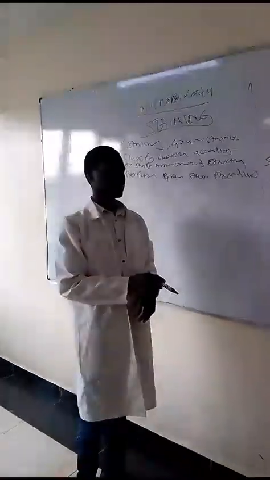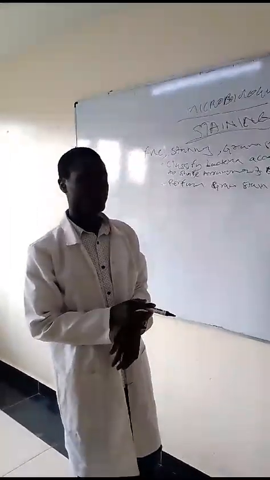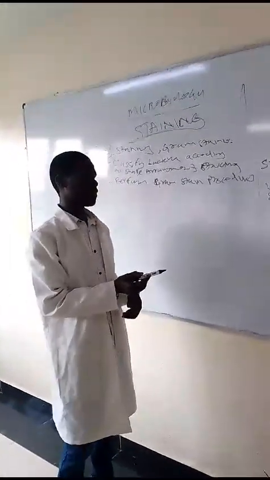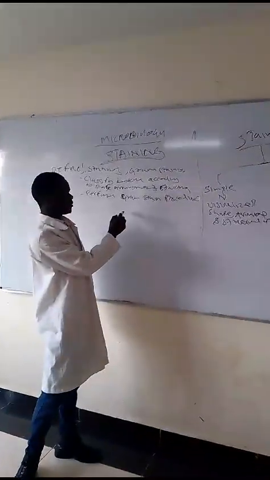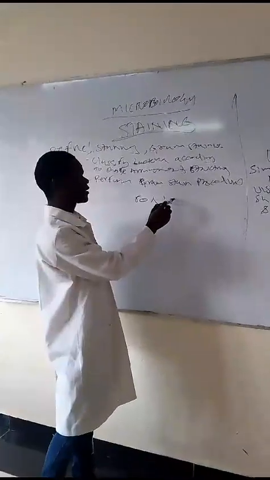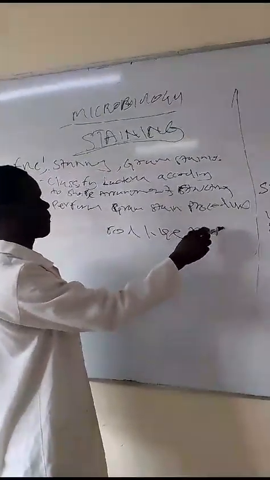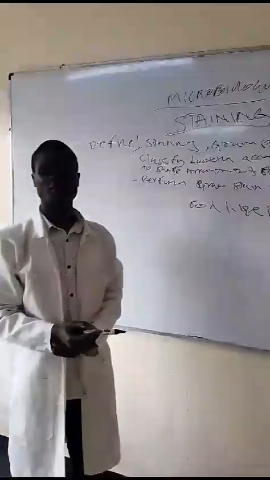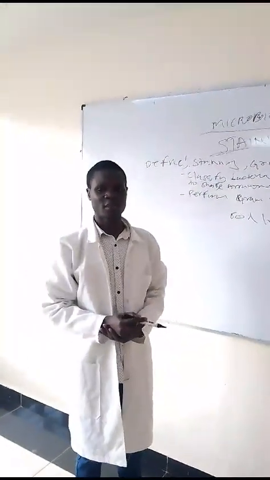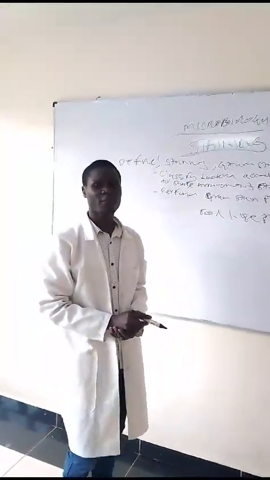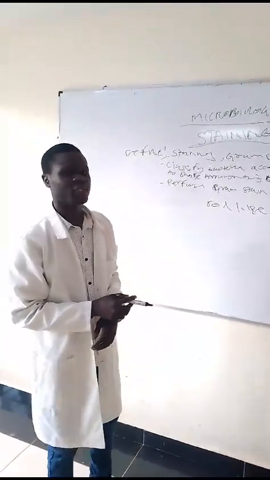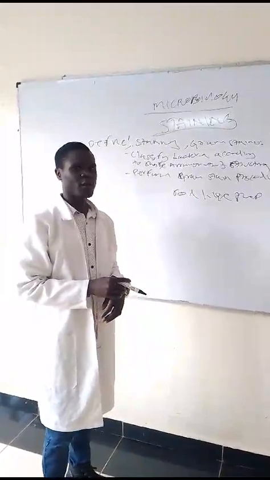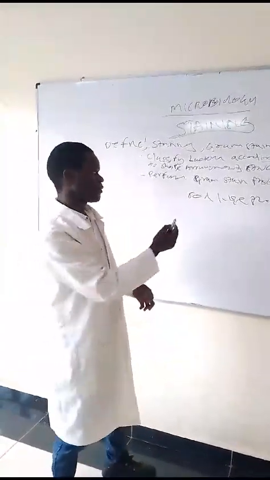So bacteria you can classify according to their shape as follows. There are some which have rod-like shapes. That one we normally refer to as a bacillus. And there are some which have the comma shape. This one we refer to as a vibrio.